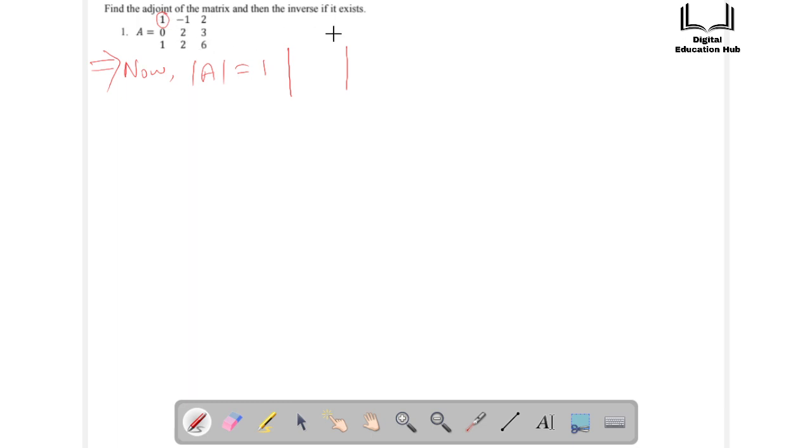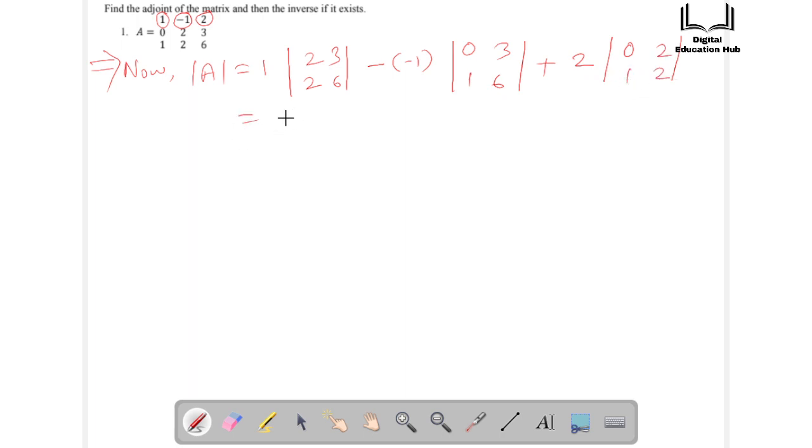The minor is 2, 3, 2, 6 minus, then take this number. So minus of minus 1, take the minor of that, minor of this minus 1: 0, 3, 1, 6, plus 2. This is the last value. Minor of that 2, that comes to 0, 2, 1, 2.